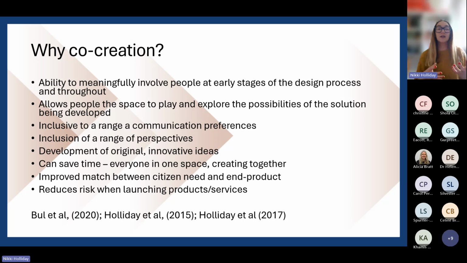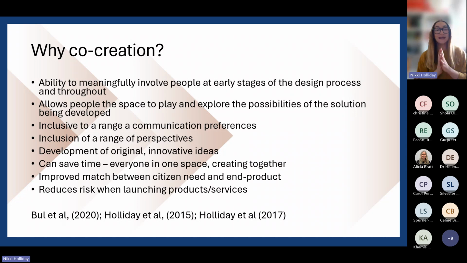And because of that, we can include a wider range of perspectives on our project. There's also research to suggest that using more creative approaches to engage people in a research project can lead to the development of more original and innovative ideas, because it's accessing different parts of the brain that just asking people questions verbally doesn't always do.